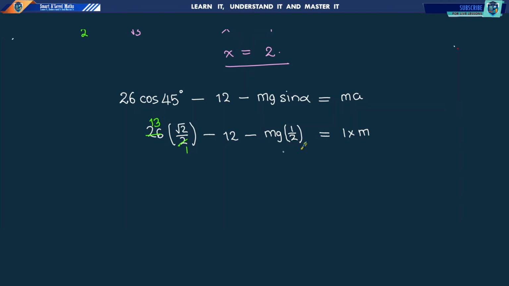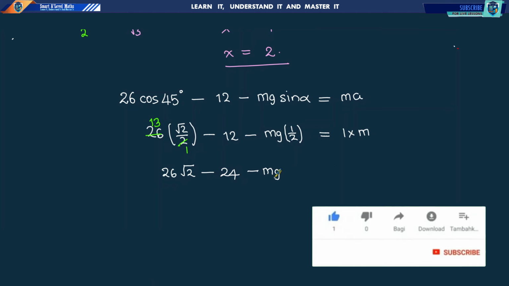Now when we multiply again to remove that 2, we'll have this going back to 26, and we have our root 2 minus, so this 2 multiplies every term here, so we're going to have 2 times 12 will get 24, and mg times 2, the 2 will also disappear from here, so we're going to have only mg equals, when you multiply 2 by this one, will reduce to m, we'll also have 2m.